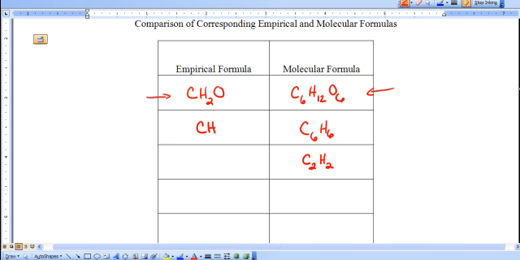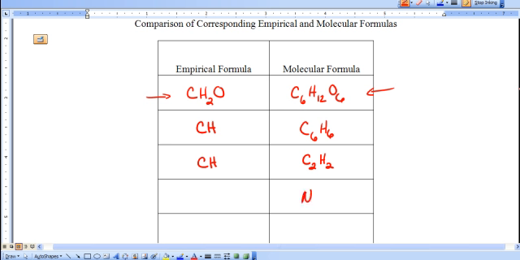This is a gas. It is flammable. It's explosive. Well, we'll just call it flammable. And it also has an empirical formula of CH. So here's the deal. You can have different compounds with the exact same empirical formula. That's okay. It's the molecular formula that tells you what the compound actually is. We use the empirical formula to get to the molecular formula, and we'll show you how we do that as well.